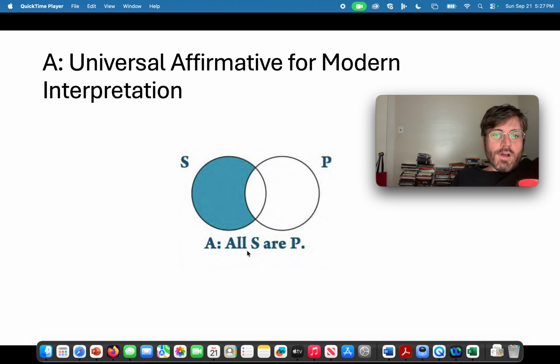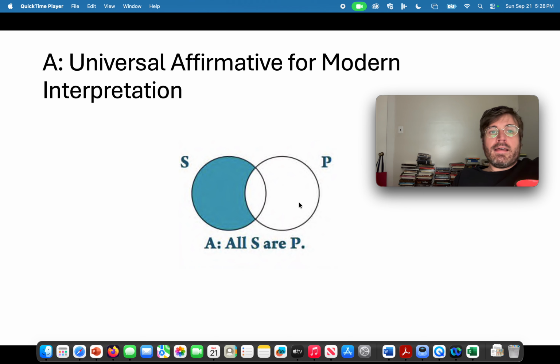Why? Because all subjects in this proposition are also members of the P class, right? All S are P. That is the underlying logical meaning of the universal affirmative. So every S is also included in the P group. So we have region 2, which is the portion of the subject group that is excluded from 1, and region 3, which is the predicate group, not shaded.